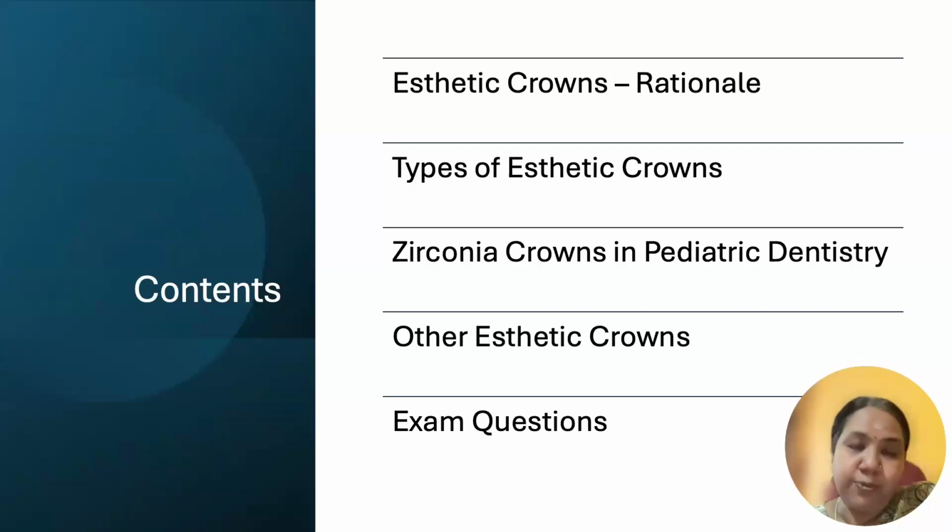We'll also look at the different types of aesthetic crowns. Then we will look at all the zirconia crowns in pediatric dentistry in detail, a little bit about other aesthetic crowns which we use, and also some of the questions which have been asked in the exam and how we could approach answering them.